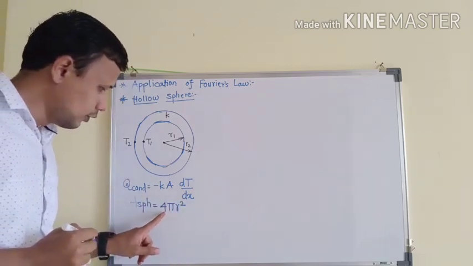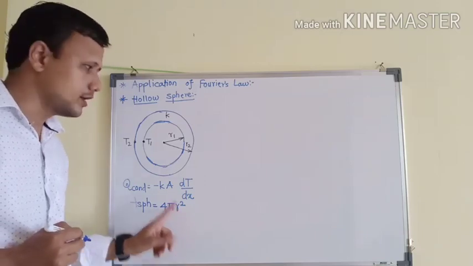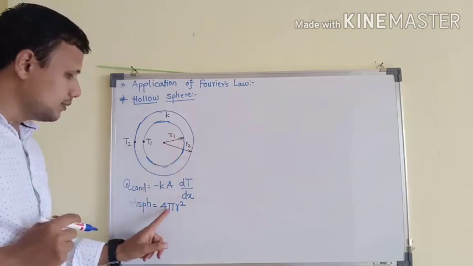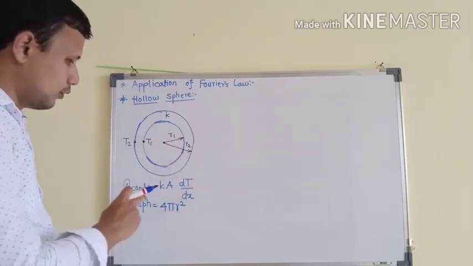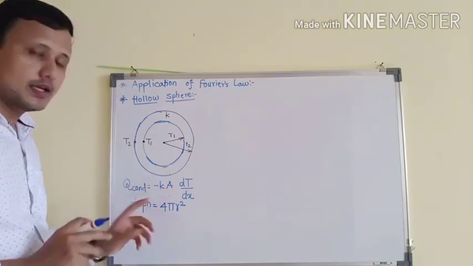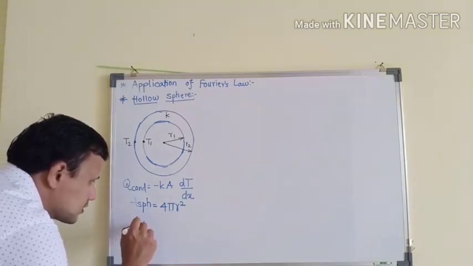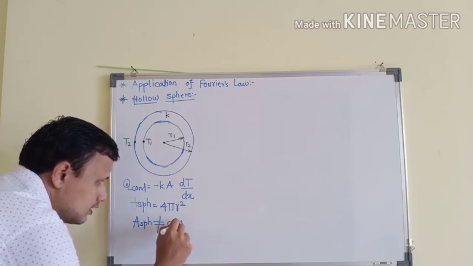In this case, 4 is constant, pi is constant, only r is a variable quantity. For the internal surface, area will be 4 pi r1 square and for the external surface, area will be 4 pi r2 square, which means area for a sphere is not a constant quantity.